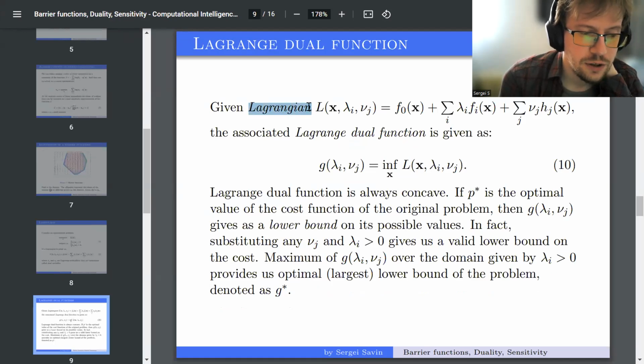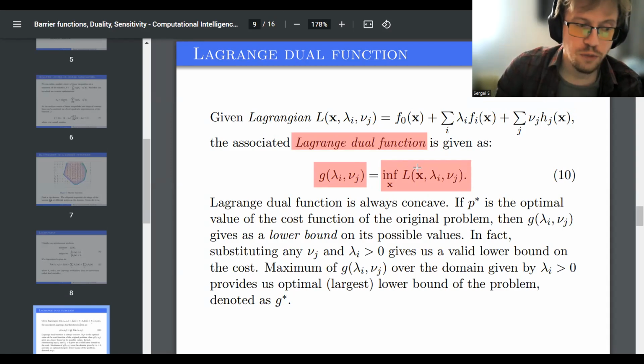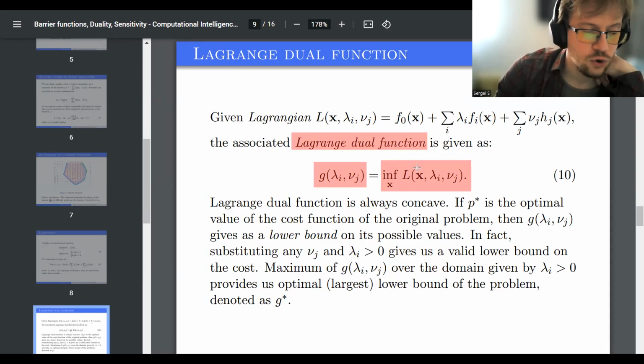All right, let us see what we can do. This Lagrangian is associated with the Lagrange dual function, which is given as g of lambda and nu, equal to the infimum over x of the Lagrangian. So you have a Lagrangian, you minimize it over x for any particular value of nu and lambda, and you get a dual function, the Lagrange dual function.